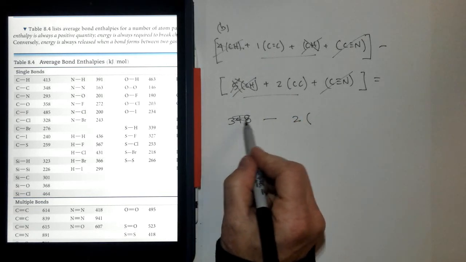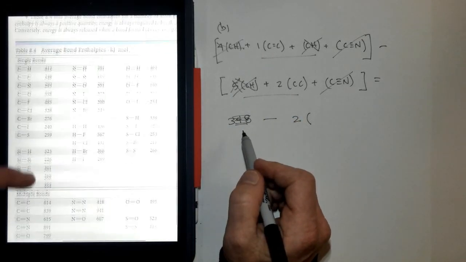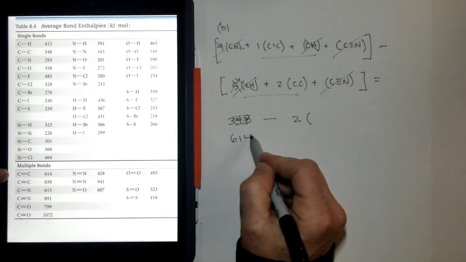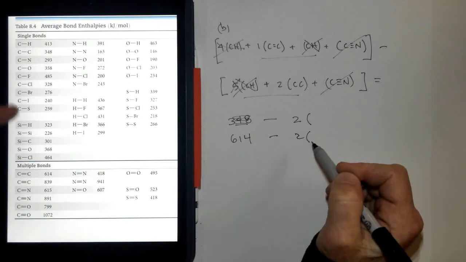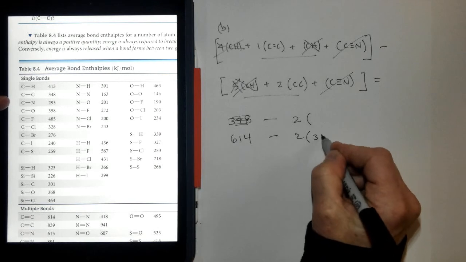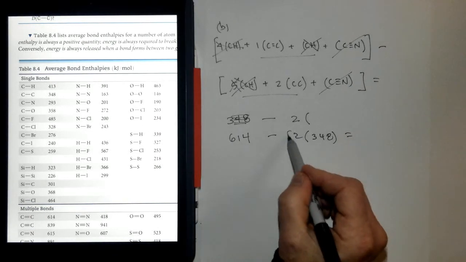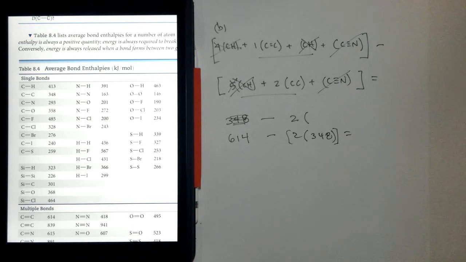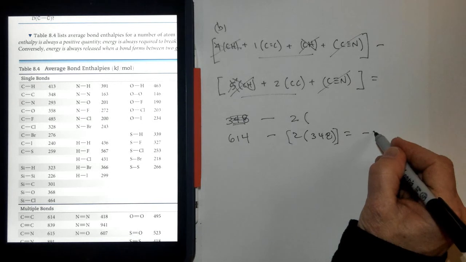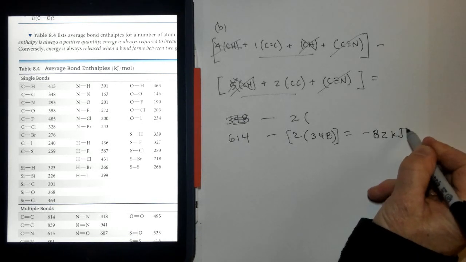My bad. Got to go down here for that. That's 614. Minus 2 times the carbon-carbon single bond, which is 348. So 614 minus 2 times the 348, because there's 2 of those right there. And we end up with a negative 82 kilojoules for that one.